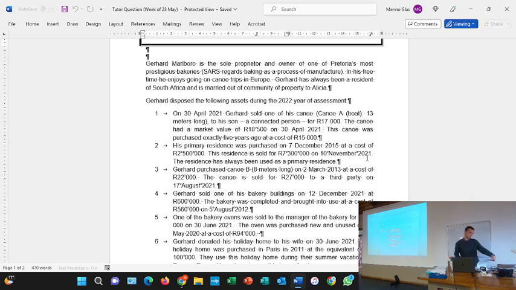Calculate Gerard's taxable income for the 2022 year of assessment. Okay, that doesn't change. But what's the 2022 then? It would be the same as the 2023 allowance. What's this allowance then? It's 5% of 560, 28,000.